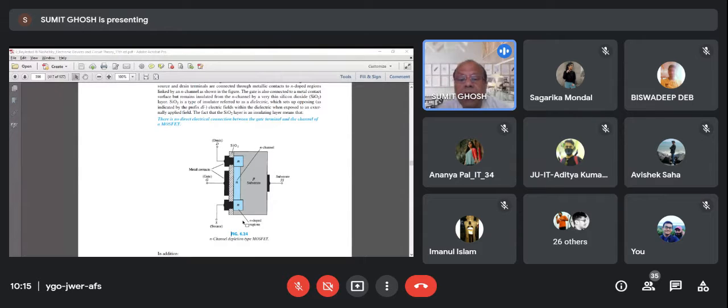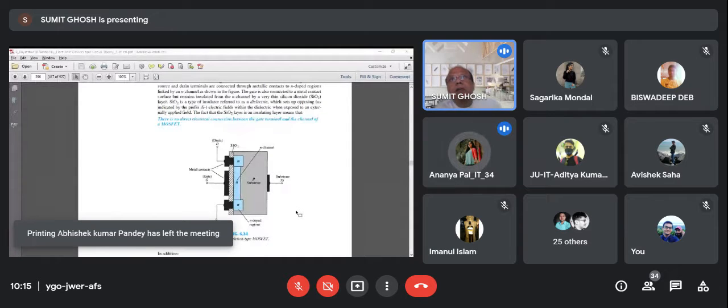Devices means the component, like a resistor is a component. Similarly, capacitors, inductors, transformers, these are all electrical components. So what type of electronic components have we studied in this course? Sir, junction diode, bipolar junction transistor, field effect transistor, amplifier. Very good. Pardon? No.